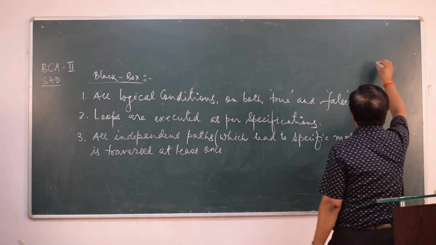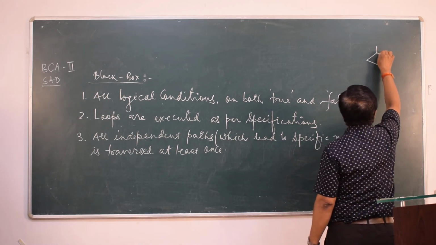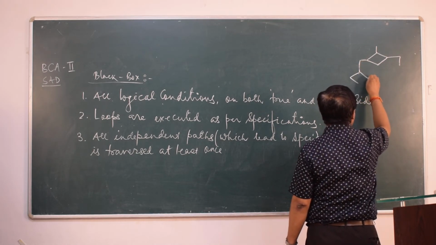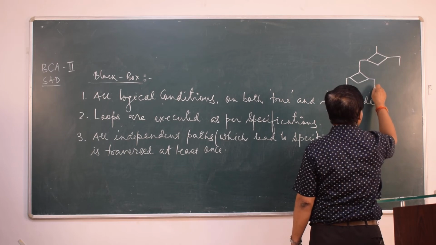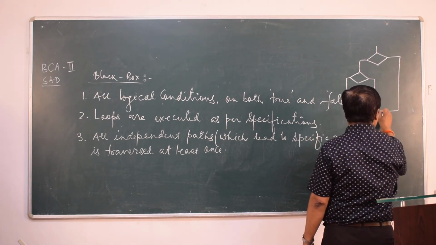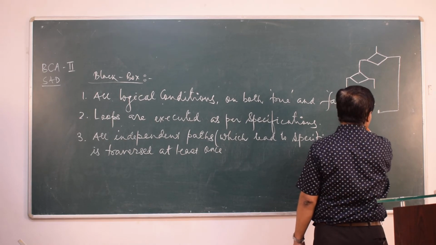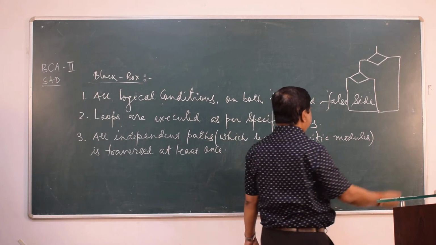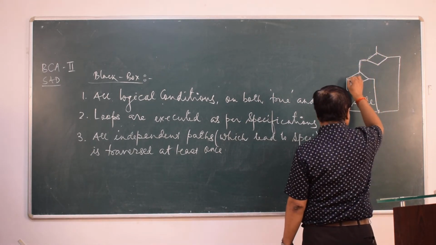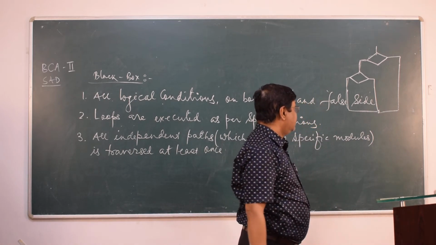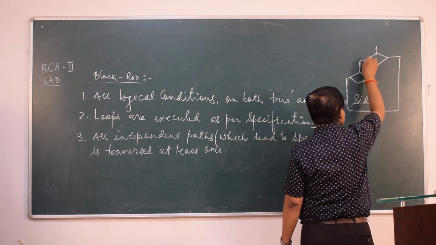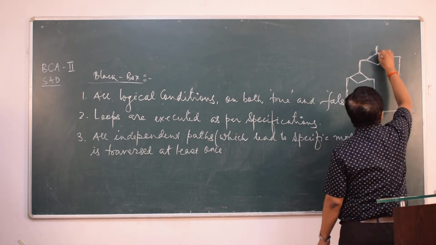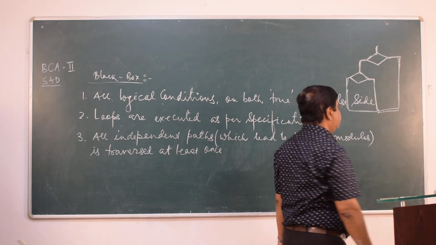Independent paths means, say this is a flow chart. This is one independent path, this one is another independent path, second, and the third one is this independent path.